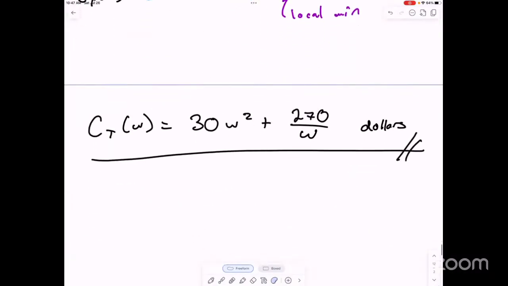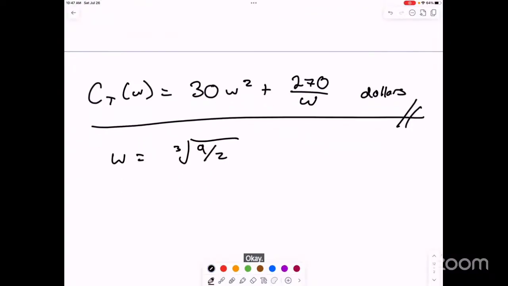Cube root of 9 over 2. Okay. So then, again, we want to take this W and plug it into that function.